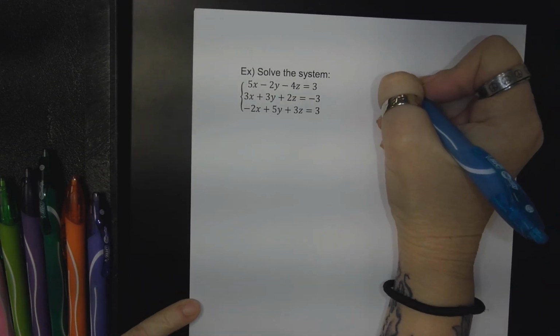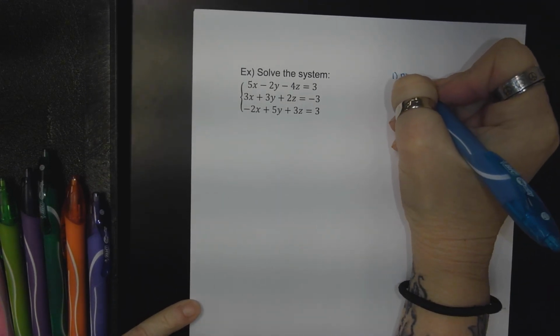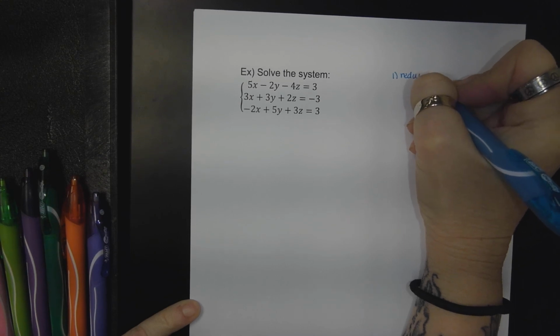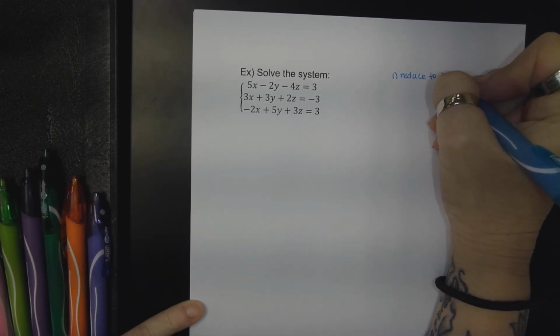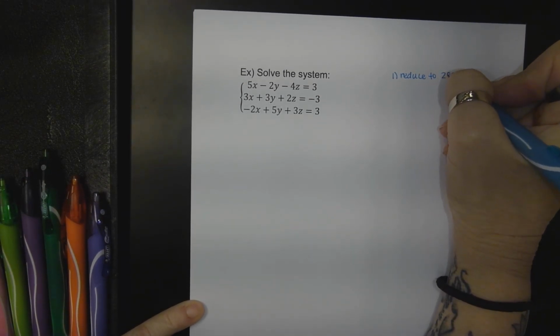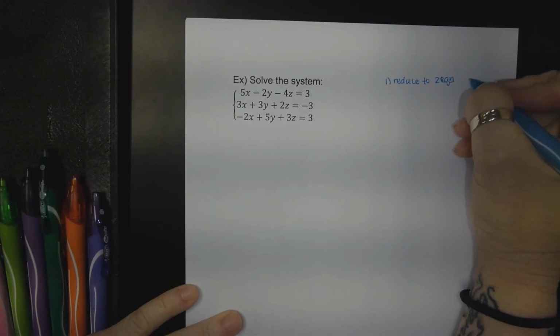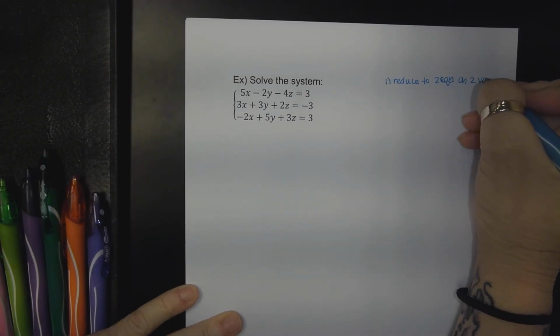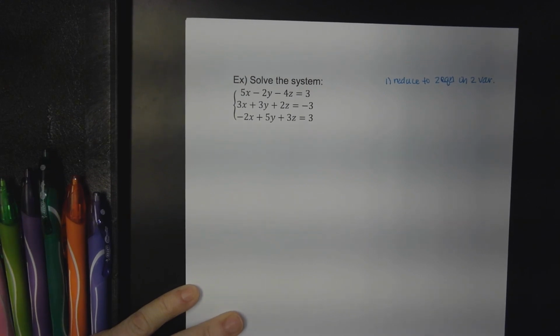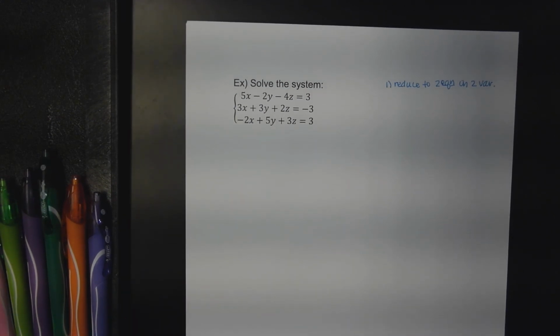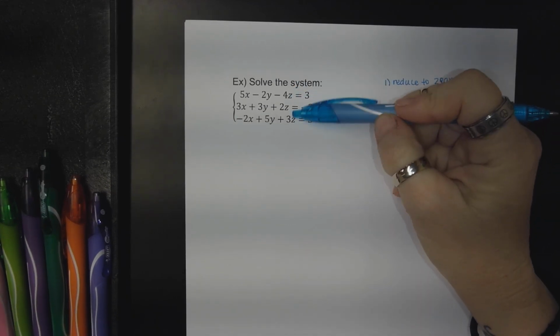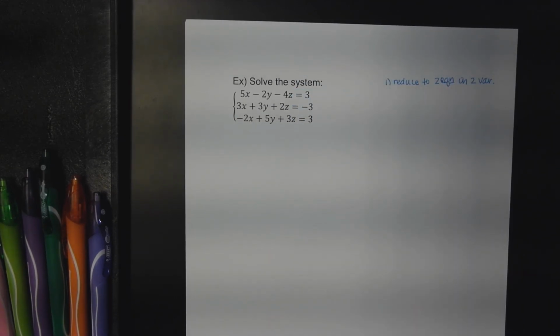So step 1, we're going to reduce to 2 equations and 2 variables, okay? So here what we want to do is look at these and see which ones are going to be the easiest to eliminate.